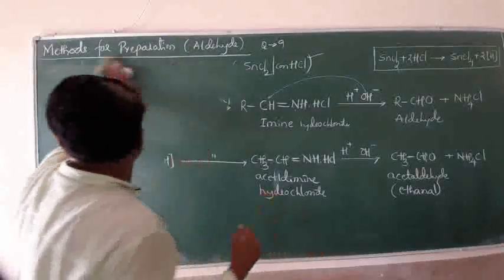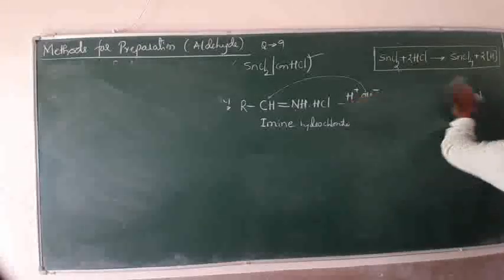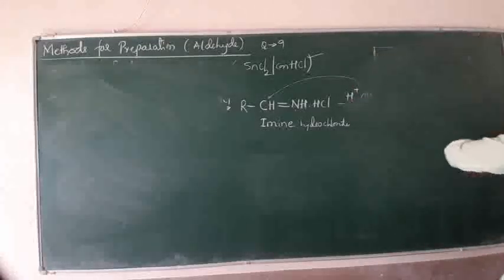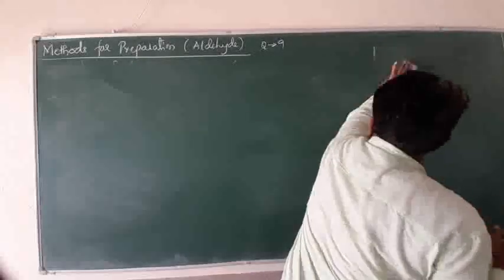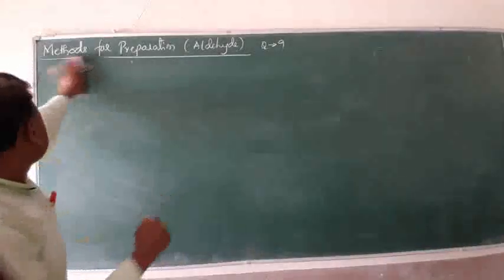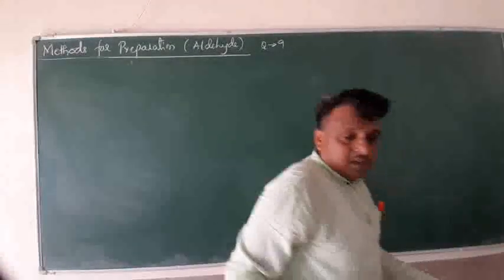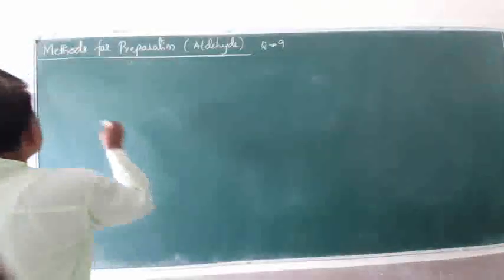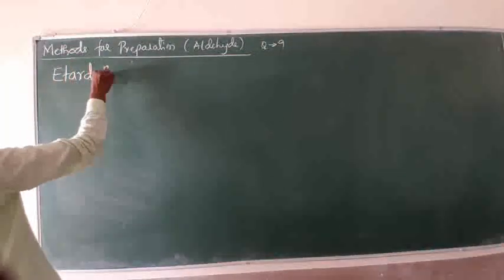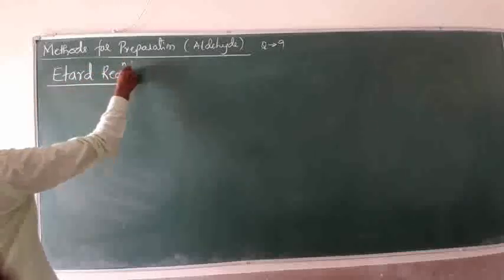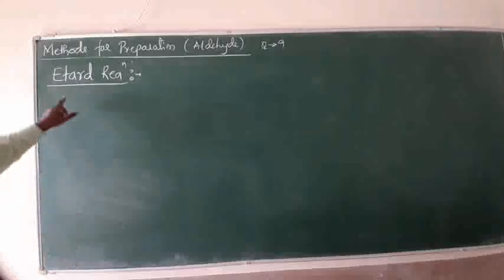So many simple methods are mentioned in our aldehyde chapter on how to prepare different aldehydes with different reactions. I have taken a very simple example, the direct reaction in our syllabus, the Etard reaction. So many times they ask this question, friends, in JEE and competitive exams: which is the reagent used in the Etard reaction?